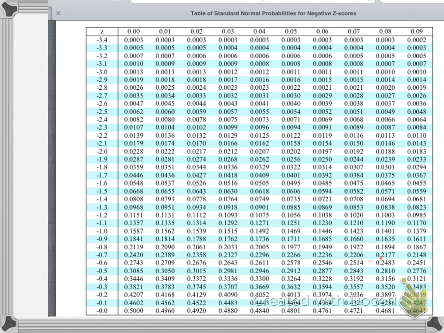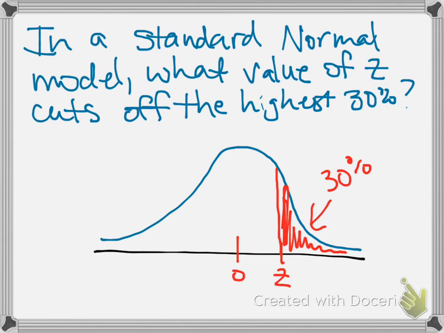That's where that would occur. 30% is right around here, and we'd get a z-score of negative 0.50, which obviously doesn't make any sense. We need a positive z-score.